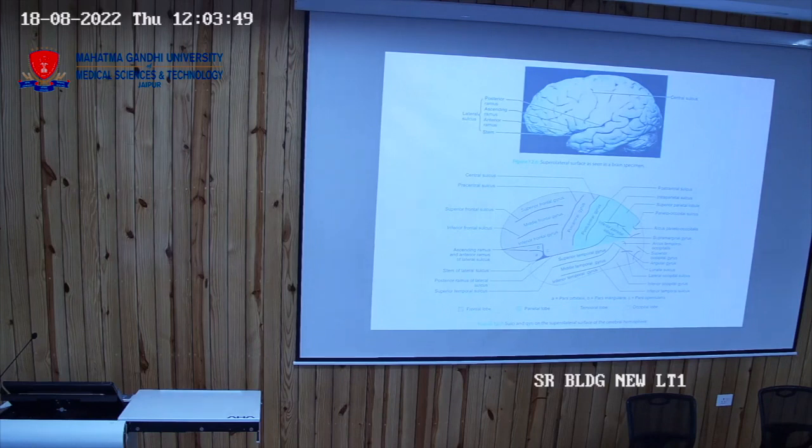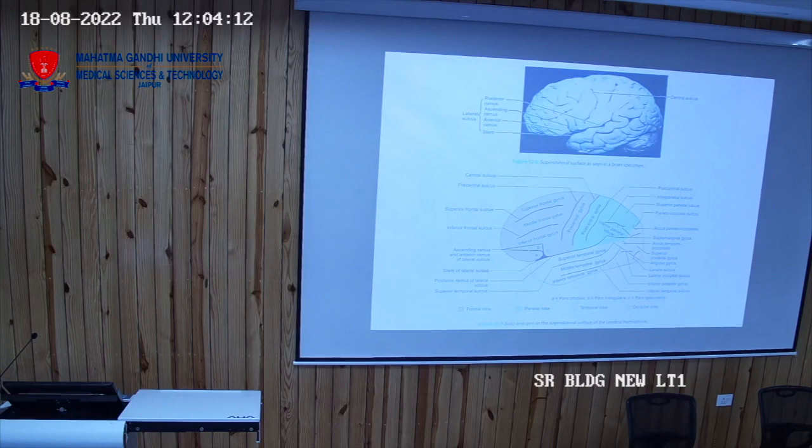In the spinal cord you have read that grey matter is S-shaped, surrounded by the white matter. But in case of cerebrum, the case is reverse. The grey matter forms the cerebral cortex and white matter is present in the inner parts.